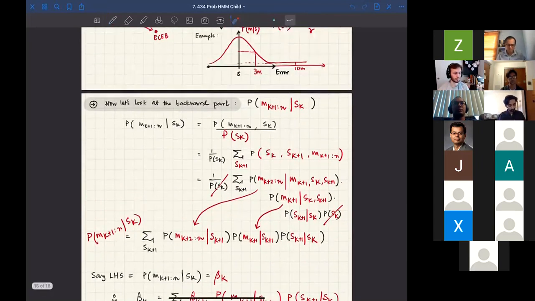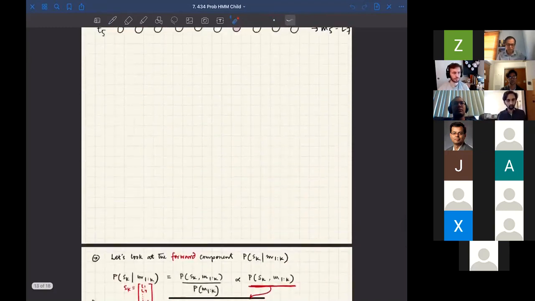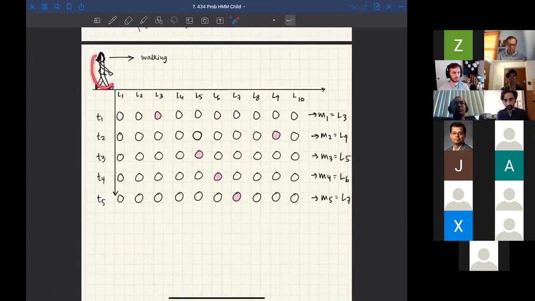Remember the goal that we were after: there's this person who is walking. We have measurements about the person's location at every time. But the measurements are erroneous. We do not know if the measurements are completely believable, so we do not trust the measurements completely.